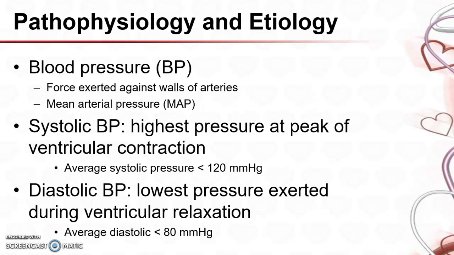We define MAP, mean arterial pressure, as the average pressure in a patient's arteries during one cardiac cycle. And like I said, this helps indicate how well our vital organs are being perfused.